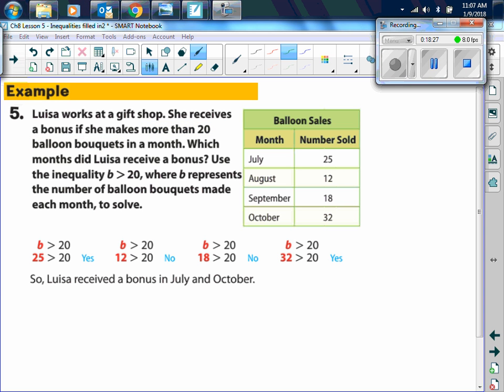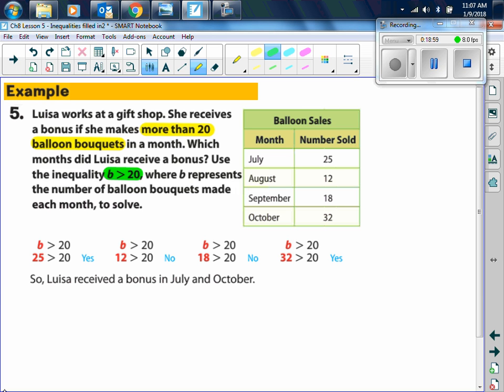All right, for example 5, it says Louisa works at a gift shop. She receives a bonus if she makes more than 20 balloon bouquets in a month. So more than 20 balloon bouquets in a month. Which month did Louisa receive a bonus? We want to use the inequality B is greater than 20, where B represents the number of balloon bouquets made each month.